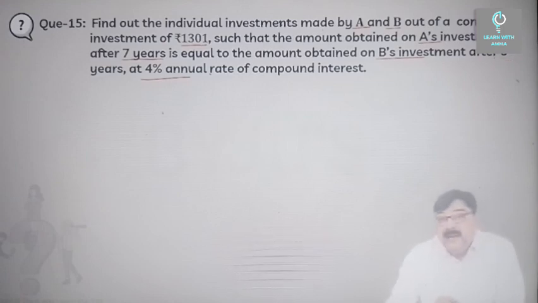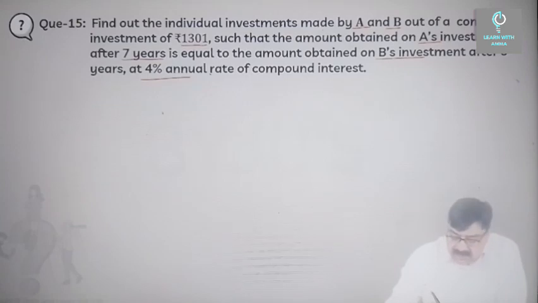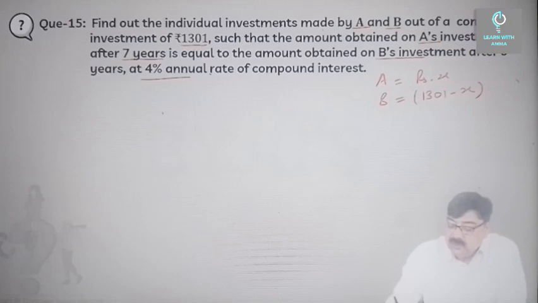Now here the investment made is a combined investment of A and B together. So let us say that A invests rupees X, then obviously B will invest the remaining money out of 1301, which will be 1301 minus X.